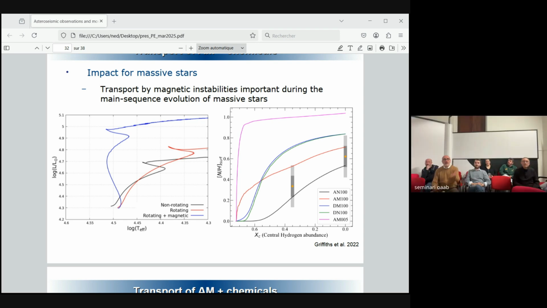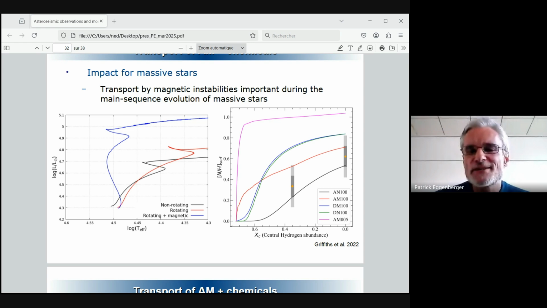I have a question myself, Patrick. Do you think asteroseismology can be exploited to infer the intensity of the internal magnetic fields, if magnetic fields are responsible for, I don't know, transport of angular momentum and chemicals? Yes, this is a very good question. In fact, there are detections of magnetic fields, but they are very strong magnetic fields, so kilogauss.